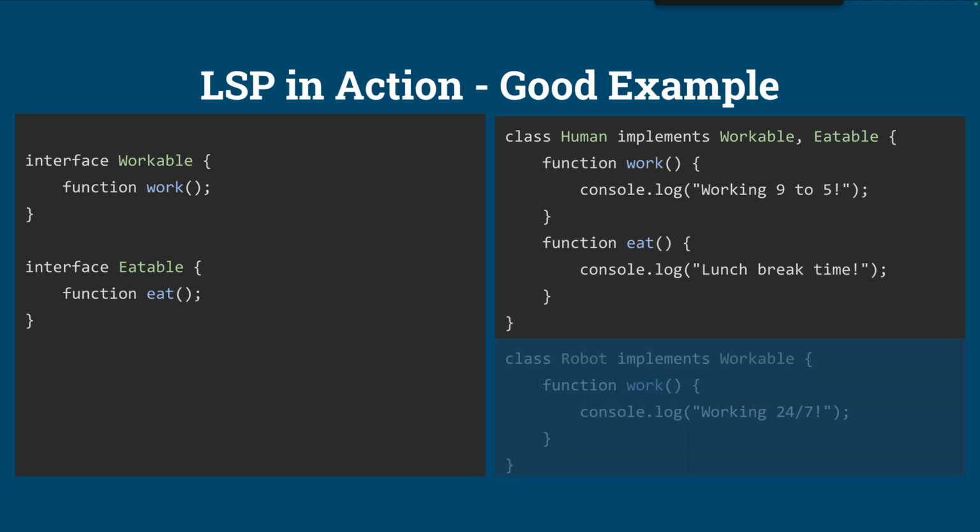And here's the best part, the Robot class. It only implements Workable and completely ignores Eatable. No fake methods, no errors, no pretending to eat batteries. This is exactly what the interface segregation principle is all about. Smaller, focused interfaces that don't force classes to take on responsibilities they don't need.